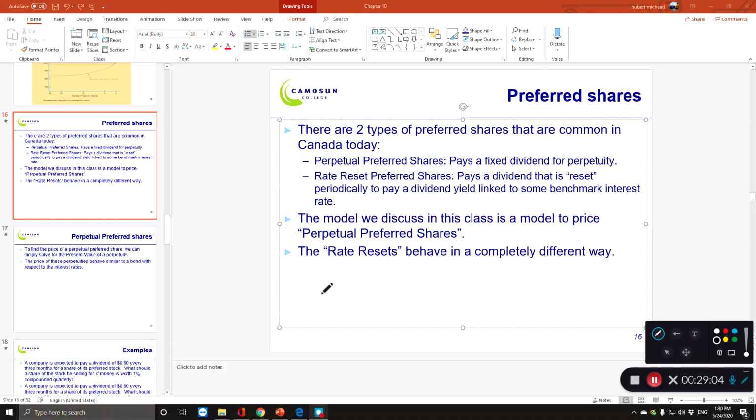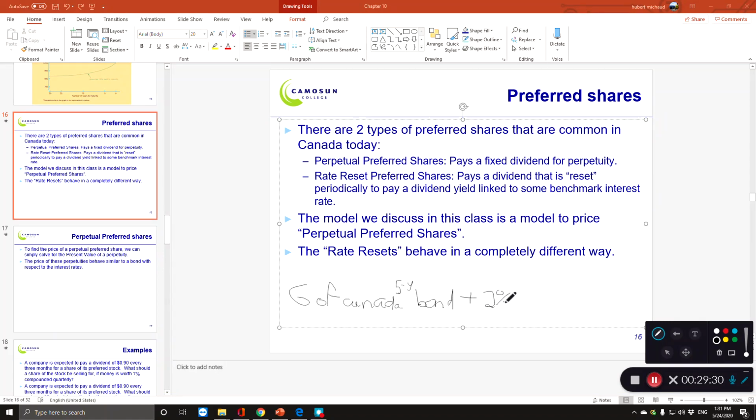But if you read the prospectus, they're going to say something like this: Government of Canada bond. You should probably write this, right? Because I'm writing it, but it's not writing it really well, and it won't stay. Government of Canada 5-year bond plus 2%.